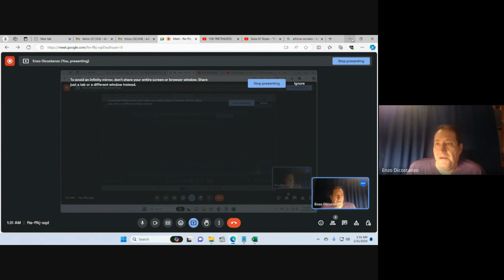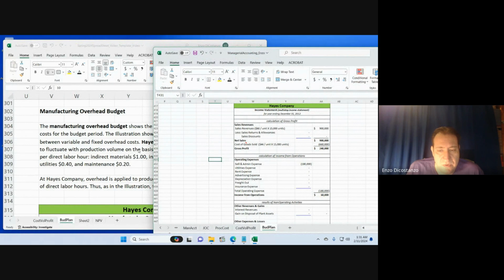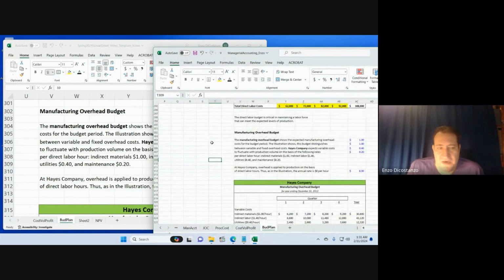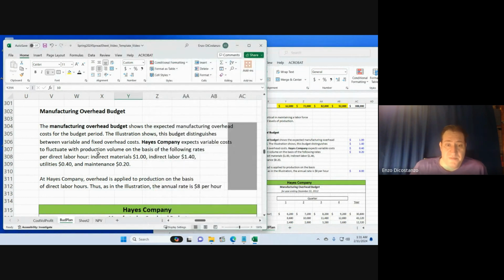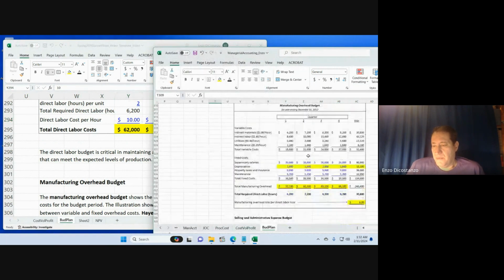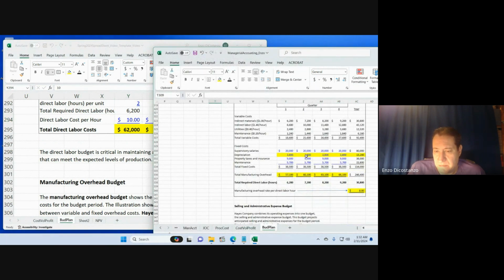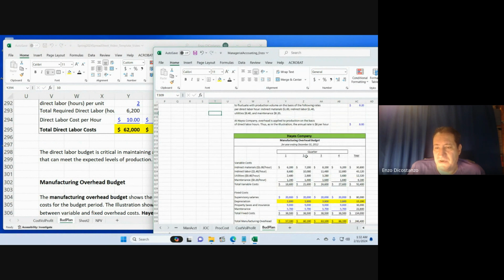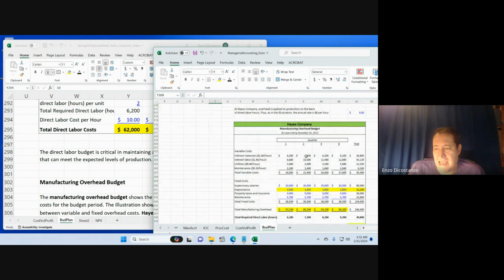Sorry, folks. Okay, so we have a few more pieces to work on here. We're looking at the overhead budget, and what you want to do with an overhead budget is the manufacturing overhead rate per dollar is 8.